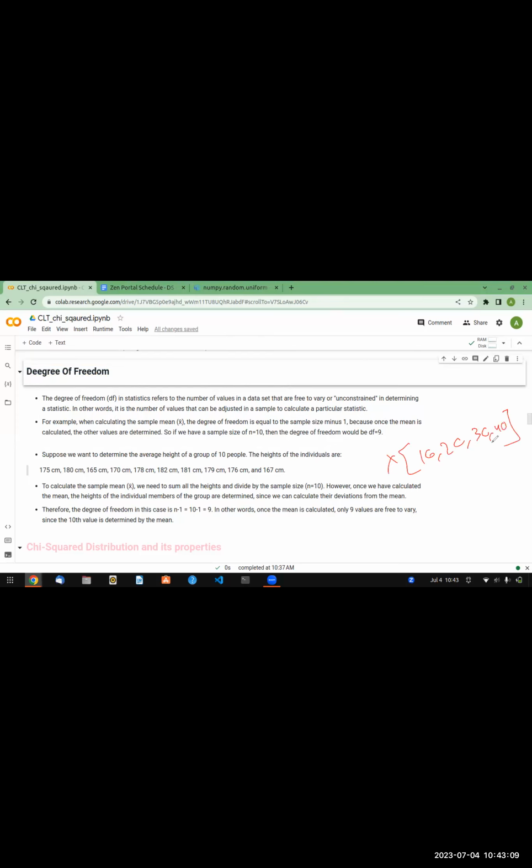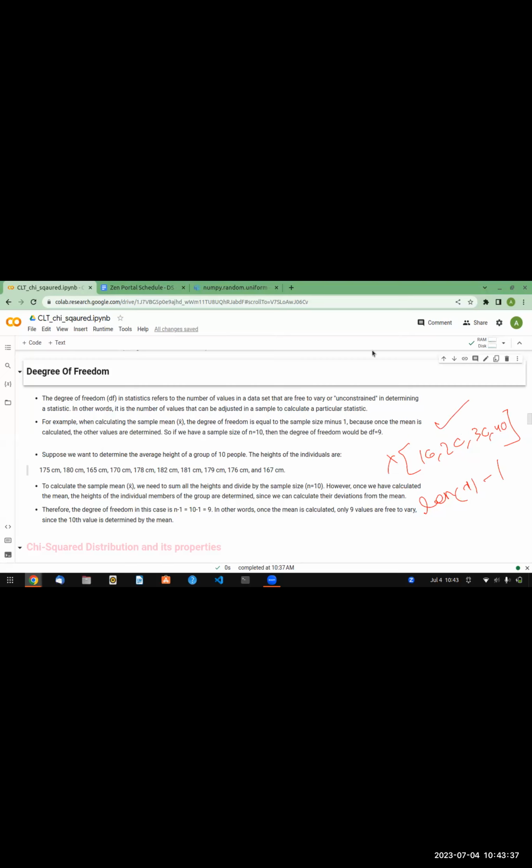Here, what is the degree of freedom? Length of x minus 1, that's all. Why it is this and how, we can explore later. If I ask you the degree of freedom of this list, you can say length of this minus 1. This is my degree of freedom.